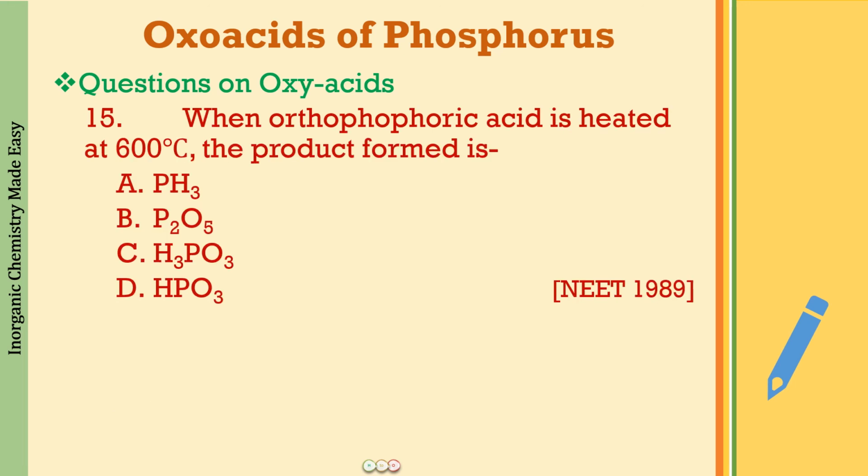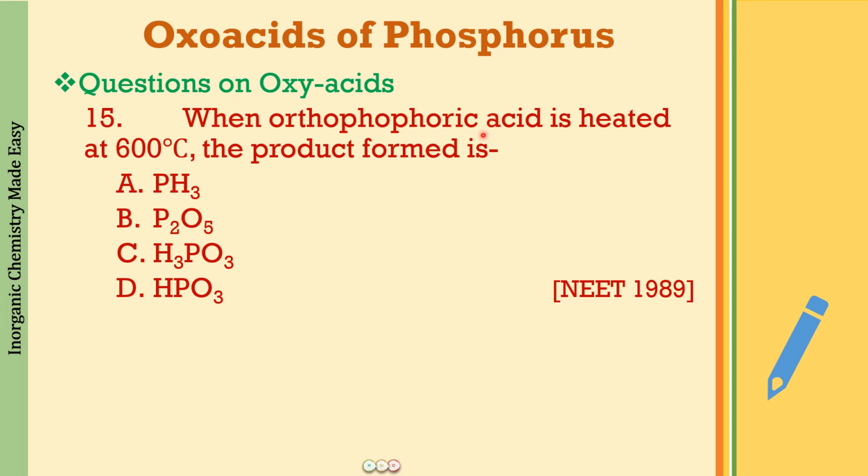So the last question for today, that is a NEET 1989 question, long time back, but well, this is the question I found on the preparation of these oxo acids. This has been given in the NCERT textbook in the table only, the preparations. So please do learn those preparations also, because for a long time there has been no question, so there is a probability that one may be coming up.